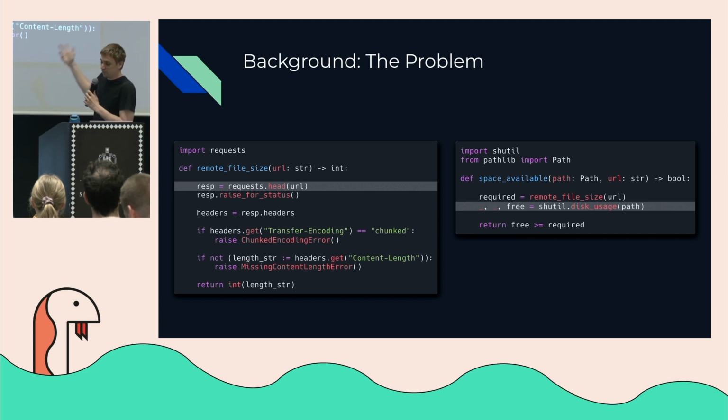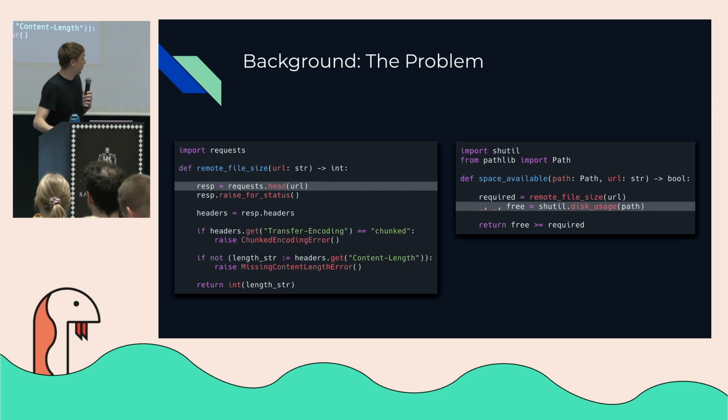You want to check if the remote file that you're going to download will fit on your disk, so we're going to use shutil.disk_usage and requests.head to get the content length header from the remote file system. Obviously there are some edge cases where this clearly doesn't work. This is just an example of some code you want to test, and we're going to use the unittest.mock library to make that happen.